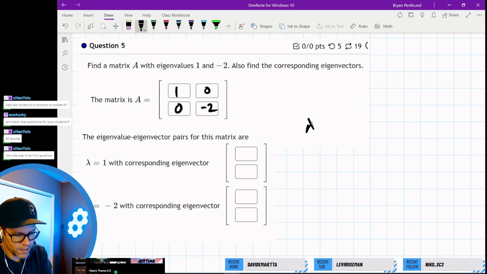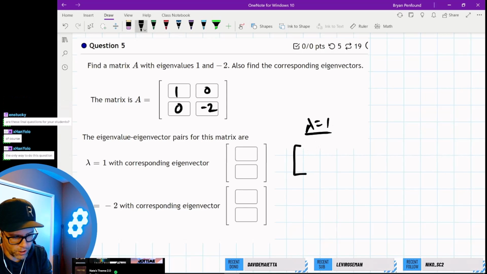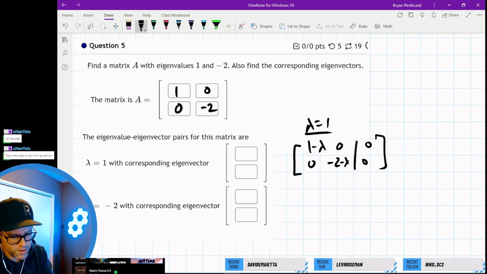So for lambda equals 1, I'm looking at this matrix, 1 minus lambda, 0, 0, and then 0, negative 2 minus lambda, 0. So this would be 1 minus 1, which is 0, and then negative 2 take away 1, so we get this.